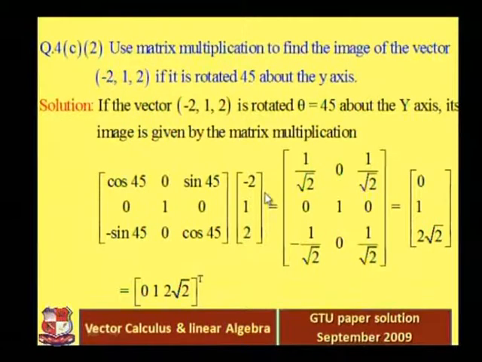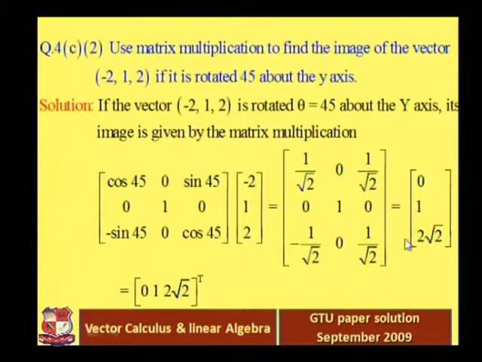Cos 45 is 1 by root 2, sin 45 is also 1 by root 2. Put the value of cos 45 and sin 45 in this matrix. So we get 1 by root 2 0 1 by root 2, 0 1 0, minus 1 by root 2 0 1 by root 2.